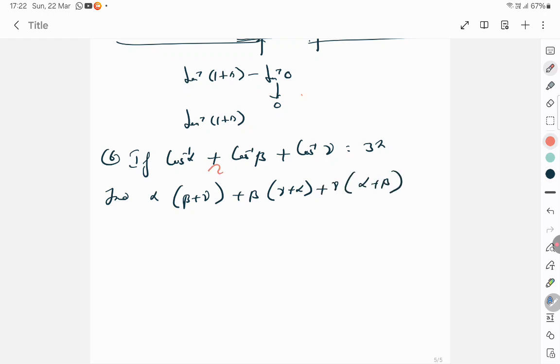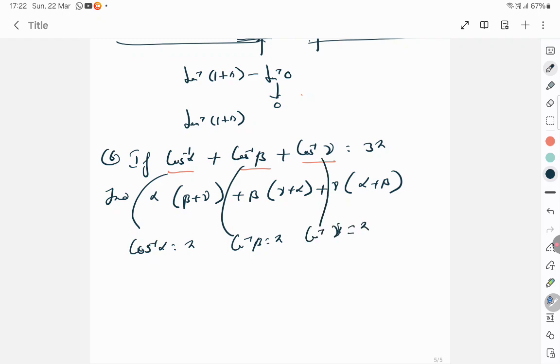It is very simple. Pi plus pi plus pi only will be 3 pi. Therefore, I'm going to assume cos inverse of alpha as pi, cos inverse of beta as pi, and cos inverse of gamma as pi.